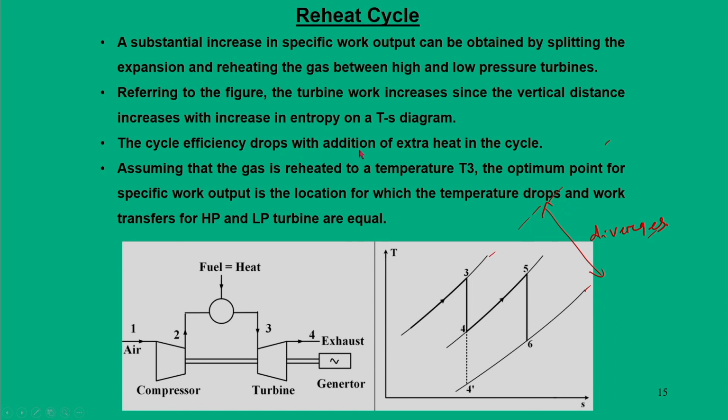The cycle efficiency drops with the addition of extra heat in the cycle, and assuming that the gas is reheated to the peak temperature, the reheating process is optimum when T5 and T3 are equal. That means reheating has to take place up to the peak temperature, and work transfers for HP and LP turbines are equal.